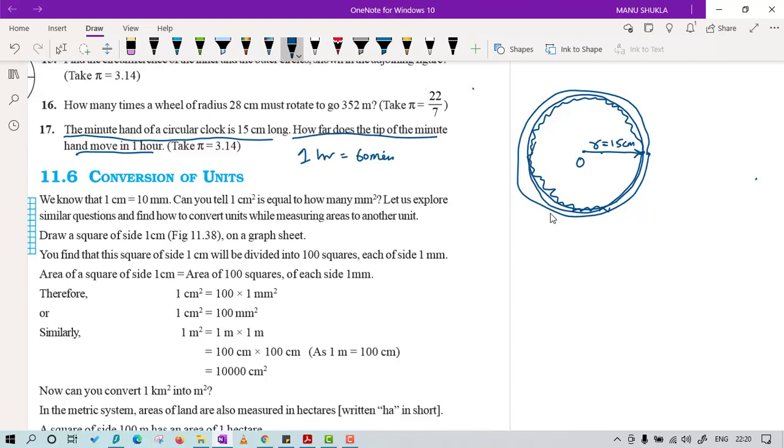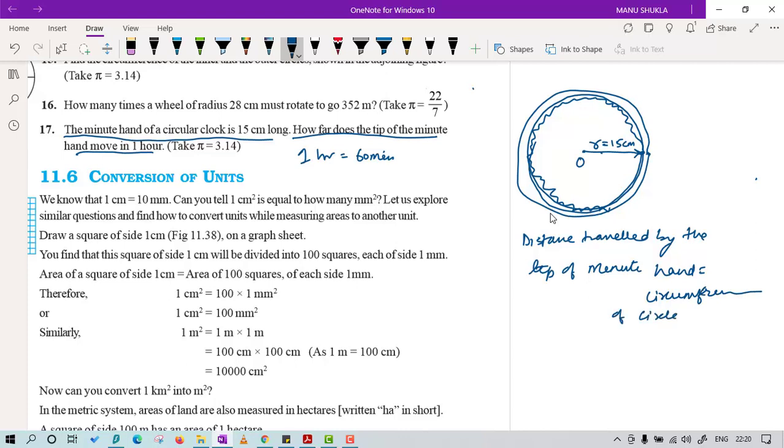So you can say the distance traveled by the tip of the minute hand is equal to the circumference of the circle.